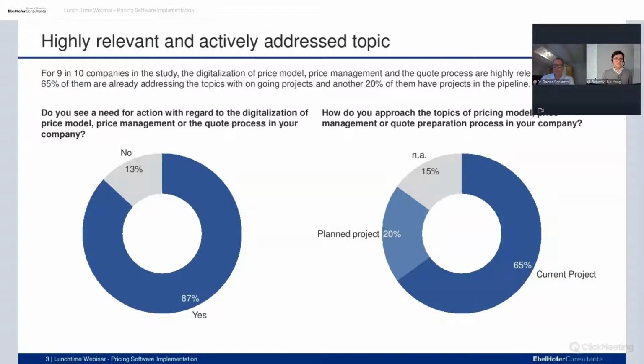This also confirms our experience from the early stage conversations that we have with our future clients on their main topics. So this is really important and in the hearts and minds of many companies.